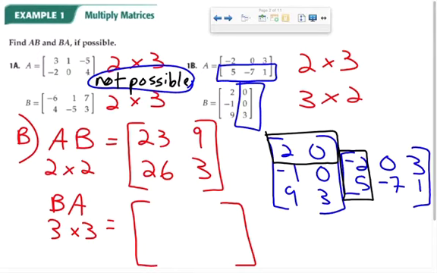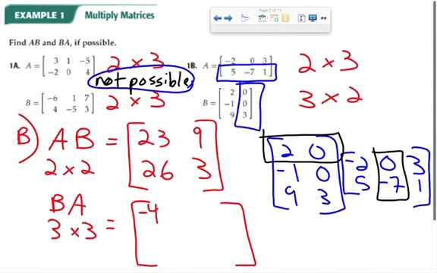So negative 2 times 2 plus 5 times 0, that's negative 4. Next, I'm multiplying the first row of the first matrix times the second column of the second matrix. So 2 times 0 is 0, 0 times negative 7 is 0, and those two things added together is 0.